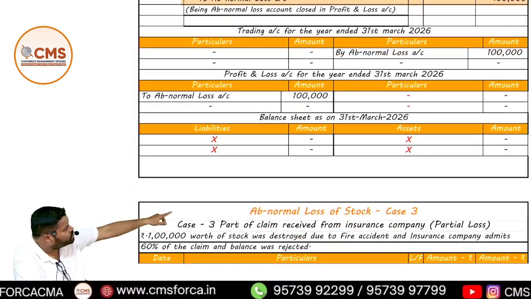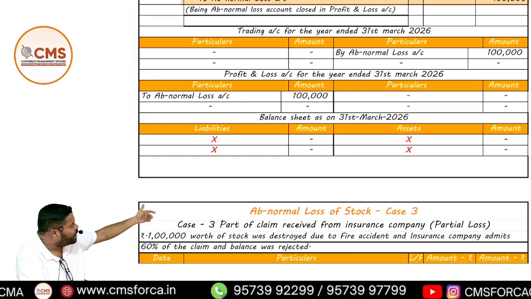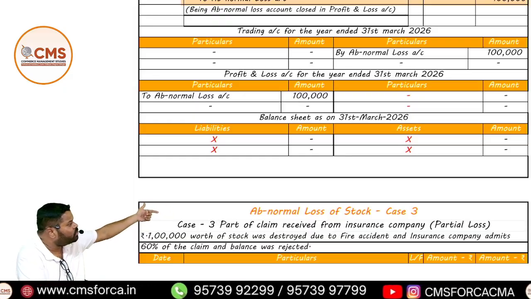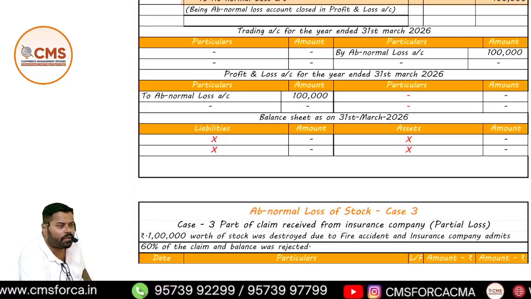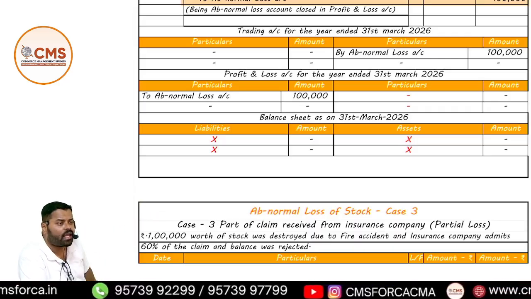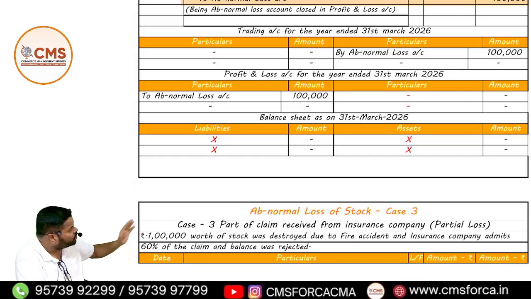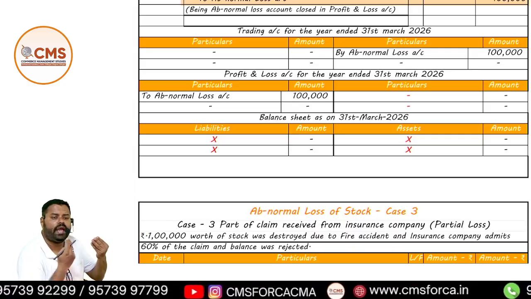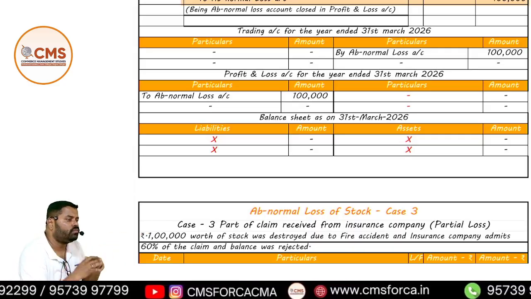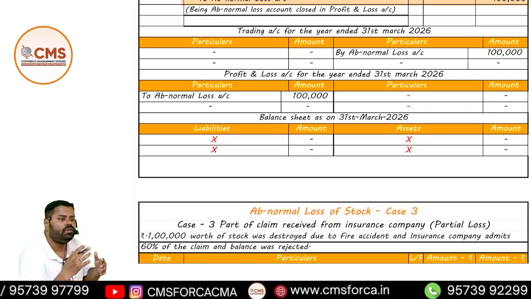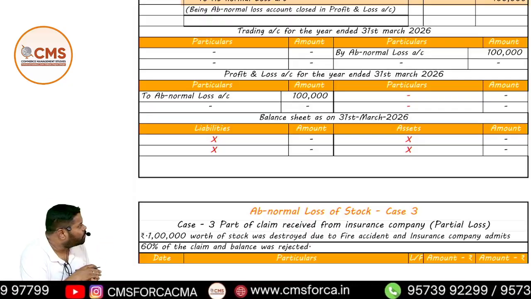Trading account credit side by abnormal loss 1 lakh. P&L account debit side, I will close the account as to abnormal loss 1 lakh. Why did I write that in trading account? To reduce the stock level. And why did I write that in P&L account? To show that the entire 1 lakh is gone now and we will not have a chance of recovering it. Am I being clear?